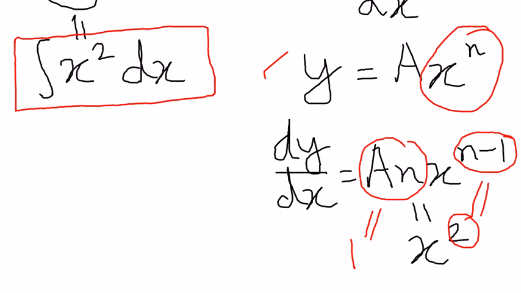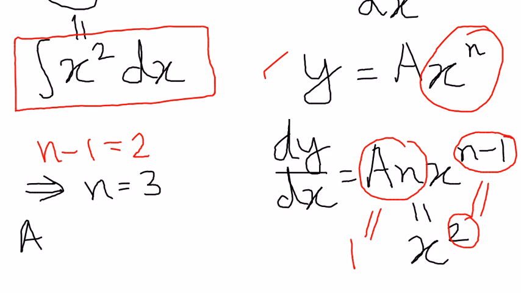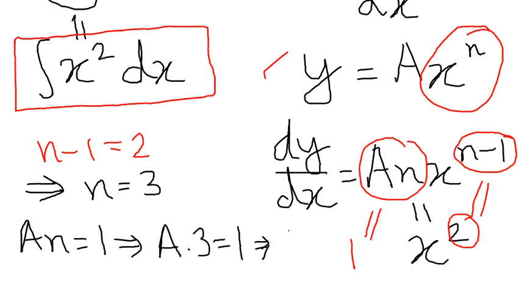So that gives us n minus 1 equals 2, which means n equals 3, and then a n equals 1. This would mean a times 3 is 1, and this gives us a is 1/3. Okay, let me circle these two things.